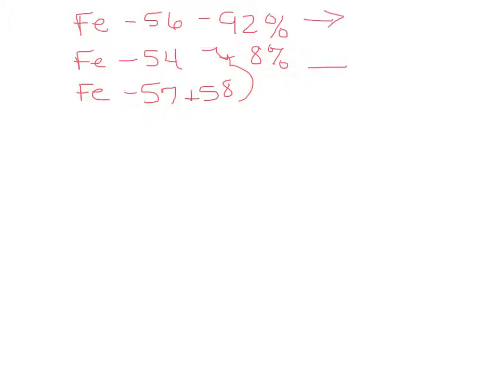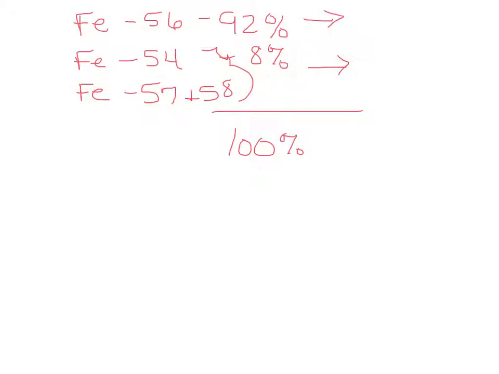If it says determine the combined percentage of all the isotopes, if you add the percentages together, that's 100%. 8% of them exist as 54, 57, and 58, all added together.